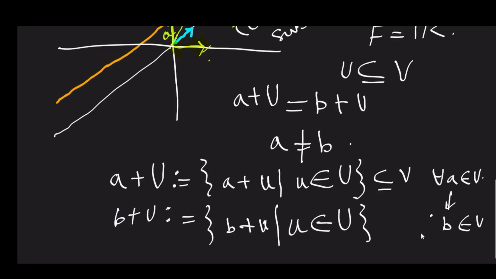Mind it, this small u is an element, while this capital U is the space, right? And this again belongs to V. In our example, U is a line and V is R2.